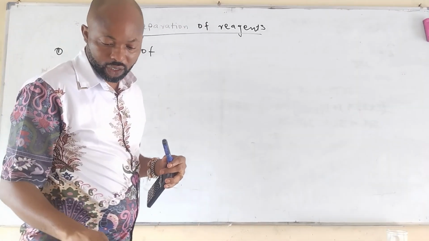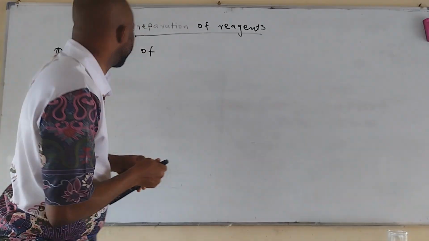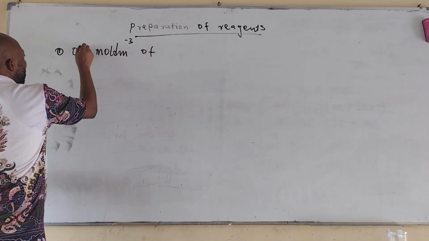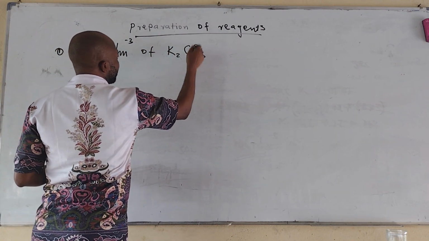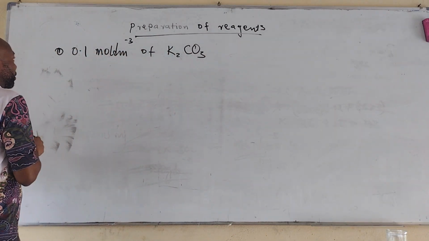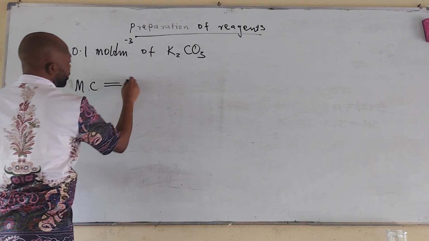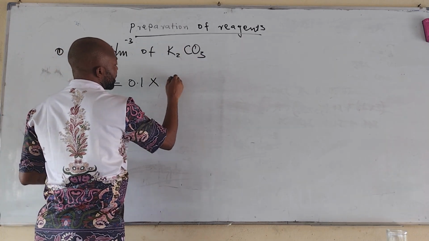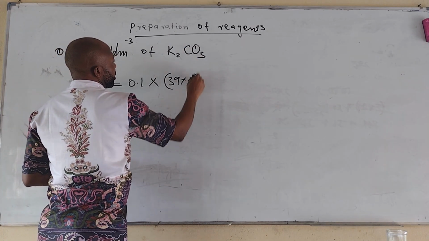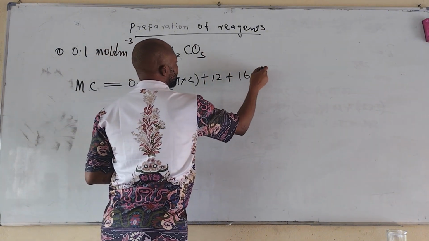Okay, let's take another one. 0.1 of potassium trioxocarbonate(IV). So here we go again. The mass concentration here becomes 0.1 times the relative molecular mass of this, 39 times 2, plus carbon is 12, plus 48, 16 times 3.